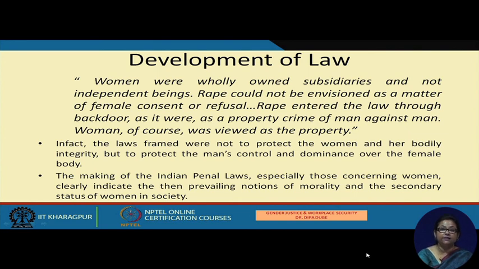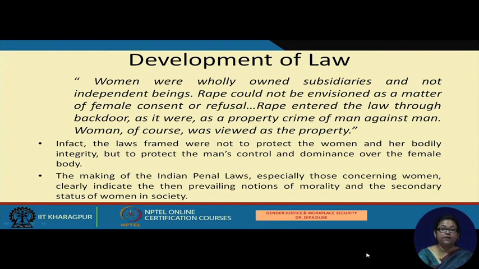Somewhere the relationship becomes important, the fact that the man is the husband becomes important, and being the husband, the man is superior and has control and dominance over his wife, which becomes significant to the law.